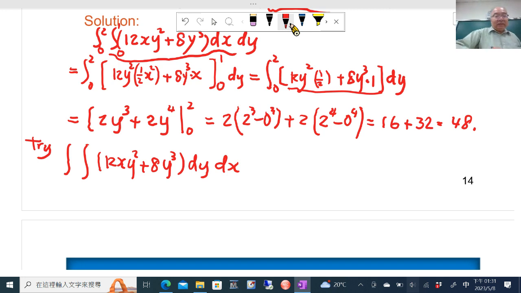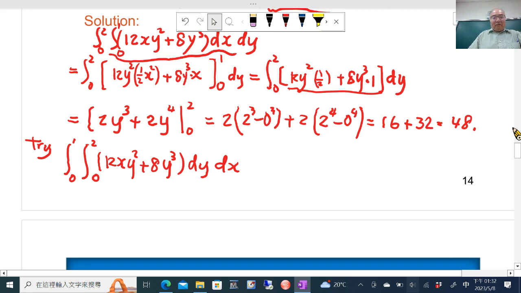In that case, you should start from 0 to 2 in the first integration process, and then from 0 to 1 for the second integration process. So try that by yourself to see what happens. Any questions?